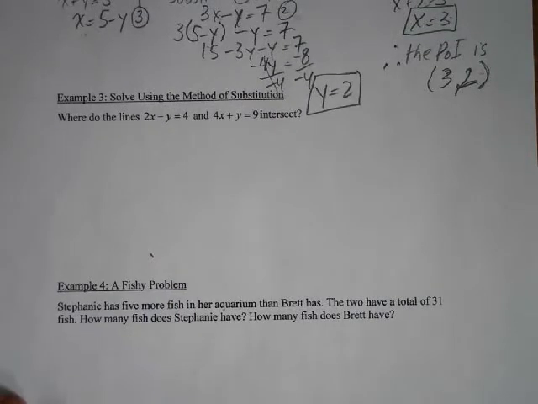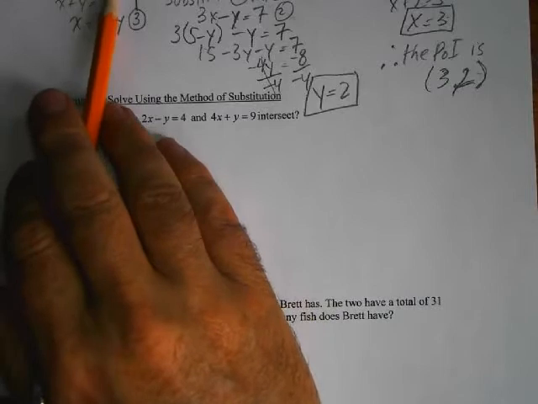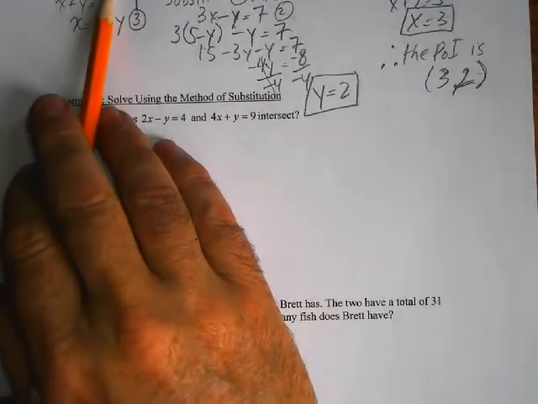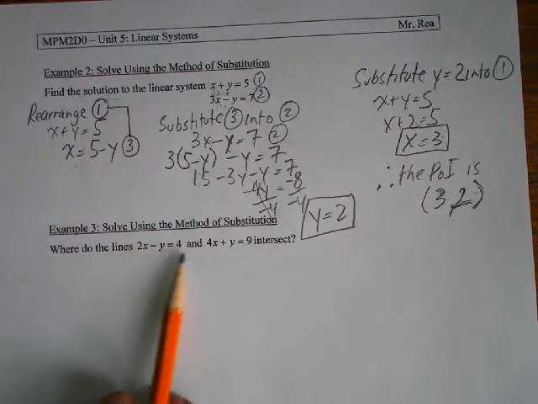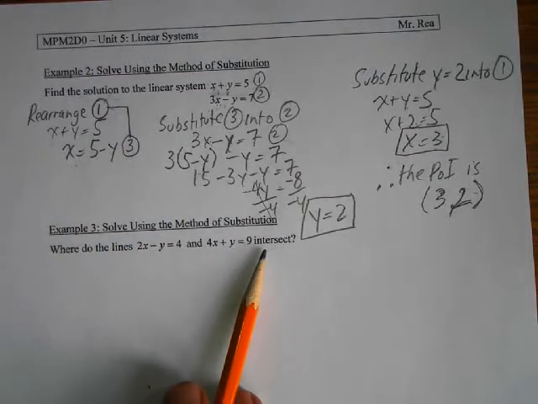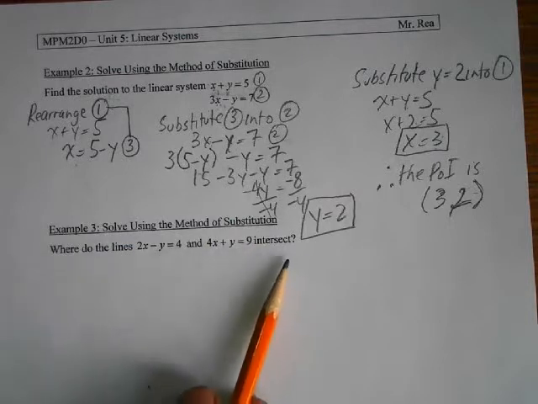The first question said find the point of intersection. The second question actually asks find the solution. And this one says, where do these lines intersect? It's really just asking the same thing in 3 different ways. So where do the lines intersect? What's the POI?